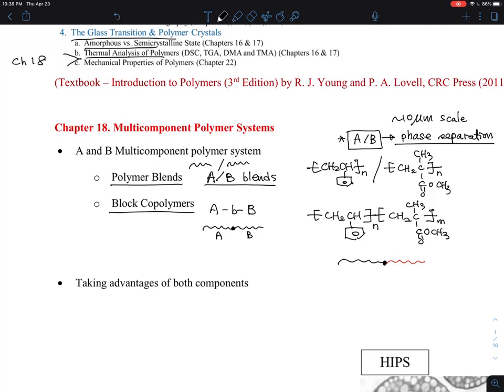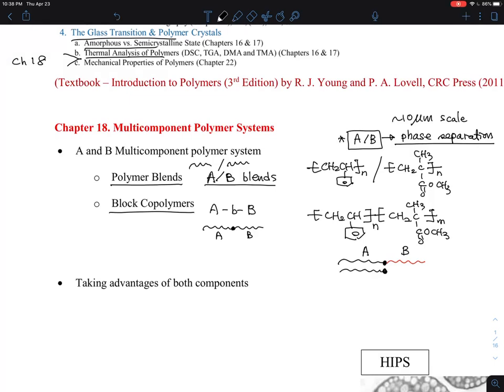It's just an idea about combining the properties of A and B. But now here is an example of A-block-B. In this case, although A and B, styrene and MMA, like to phase separate into their own aggregated domains, they cannot because they are bound by this chemical joint.